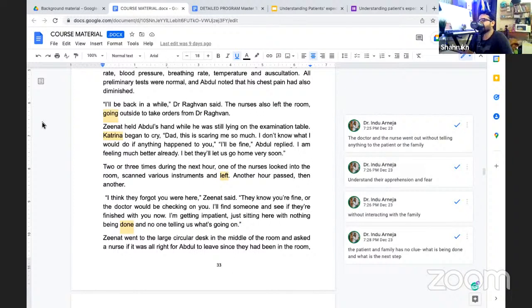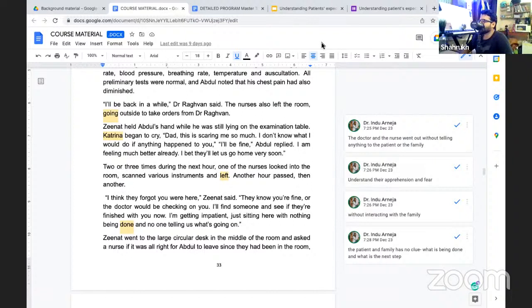"I think they forgot you were here," Zeenat said. "They know you are fine, or the doctor would be checking on you. I'll find someone and see if they are finished with you now. I'm getting impatient, just sitting here and with nothing being done and no one telling us what's going on."